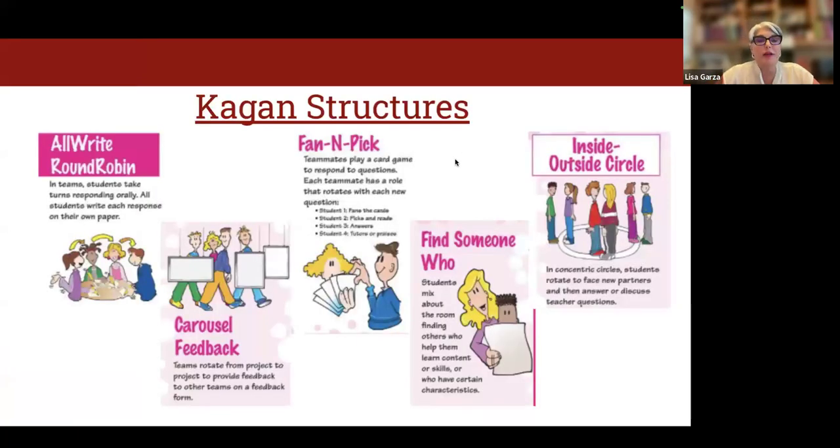So Kagan structures are instructional strategies designed to promote cooperation and communication in the classroom, boost students' confidence, and retain their interest in classroom interaction. Here are a few that will work great in your classroom.